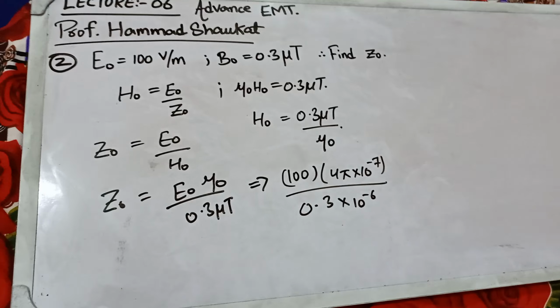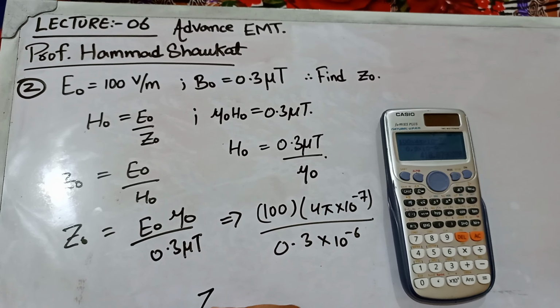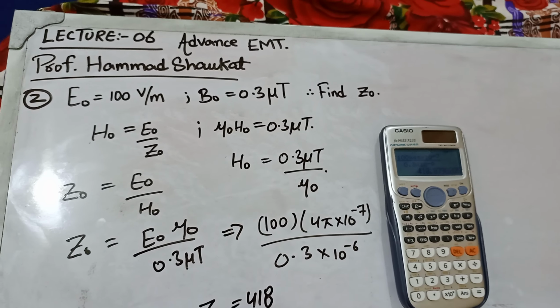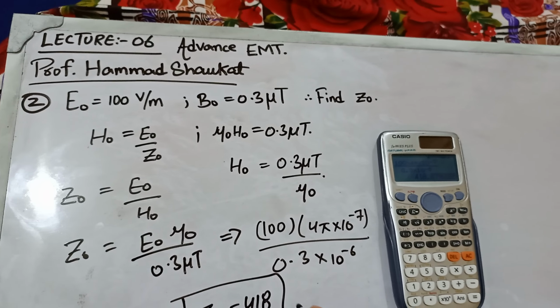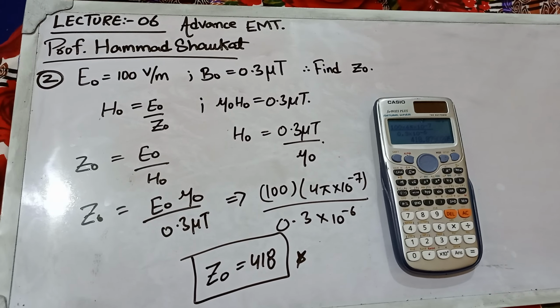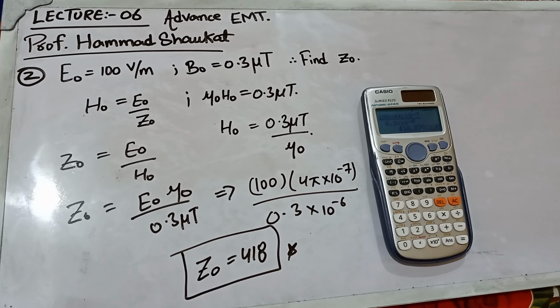After solving, you will get your final answer: Z naught is equal to 418. This is how you can find the value of Z naught, which is the impedance, if E naught and B naught are given.